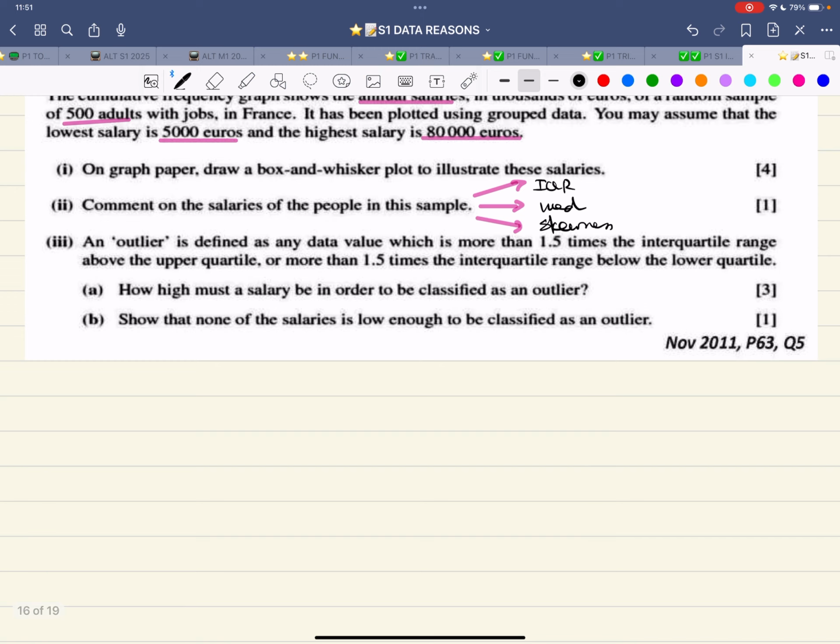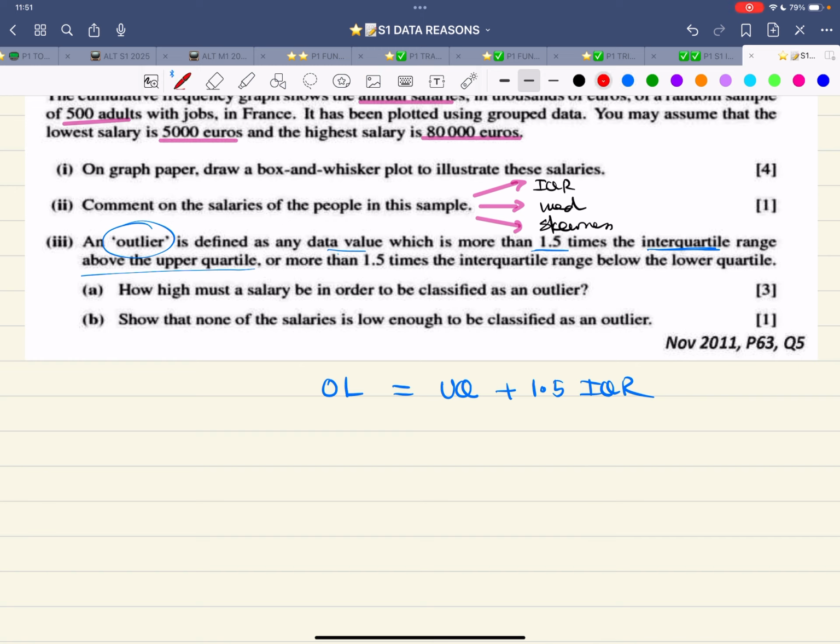It says an outlier is defined as any data value which is more than 1.5 times the interquartile range above the upper quartile. That means take the upper quartile and add 1.5 times the interquartile range. That is an outlier.